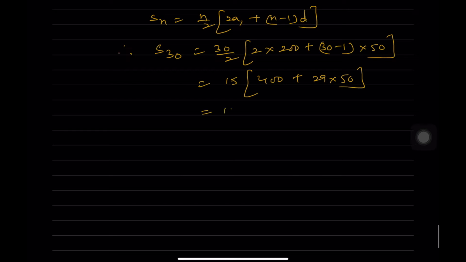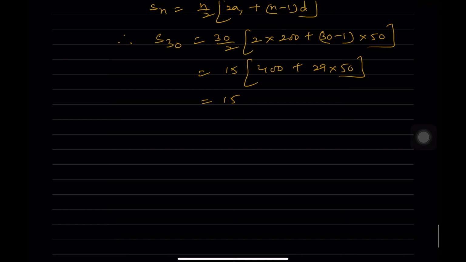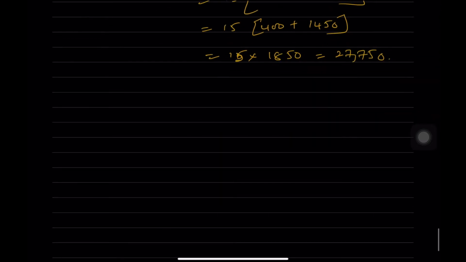So which is equal to 15 into 400 plus 1450, which is equal to 15 into 1850, which is equal to 27,750. So now this is S30.